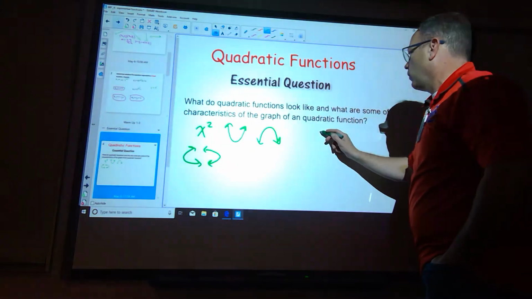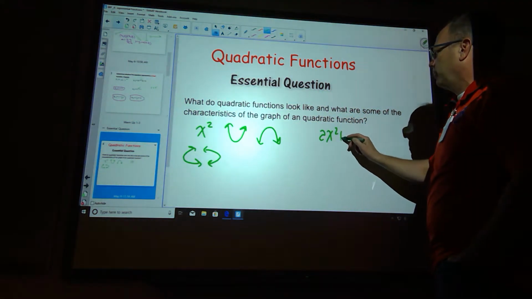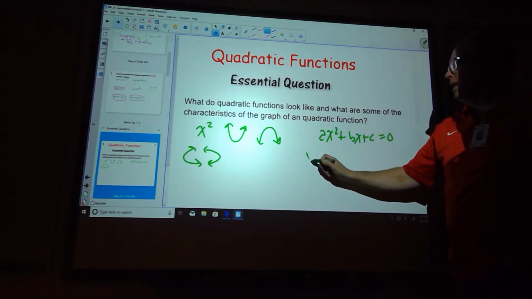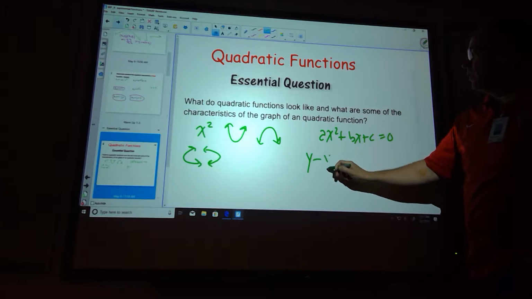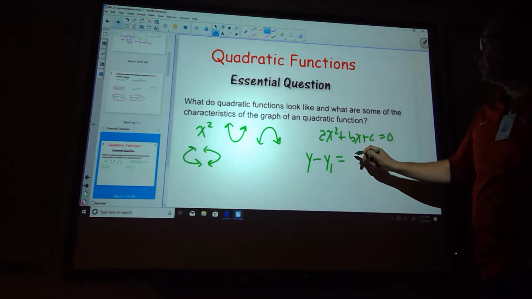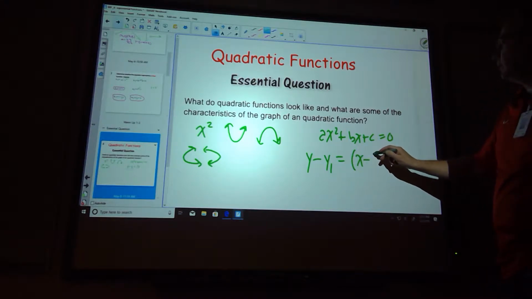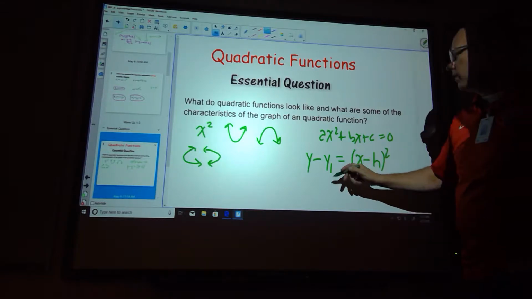Graphs of quadratic functions, you have this, ax squared plus bx plus c equals 0. You can have y minus y1 equals, do I want to do that? x minus h squared.